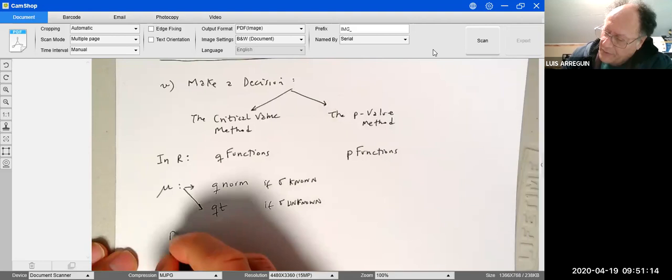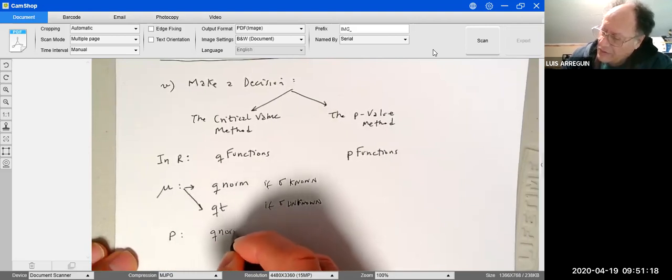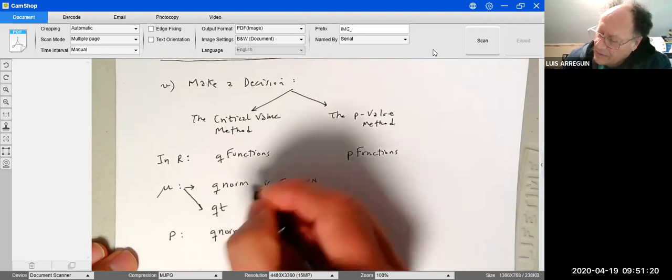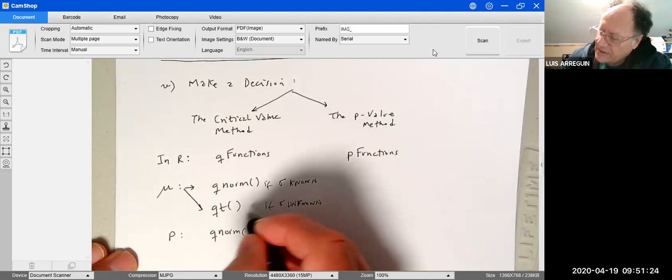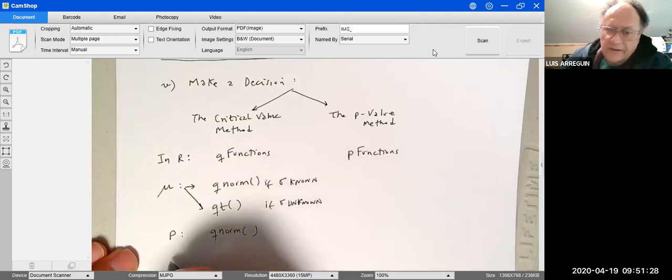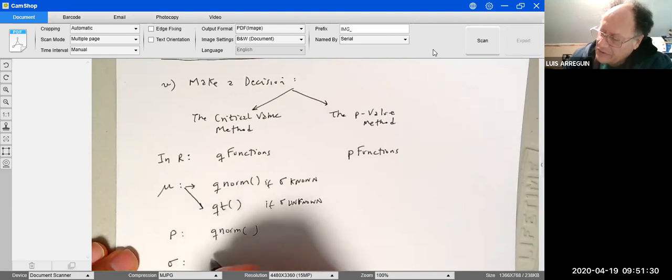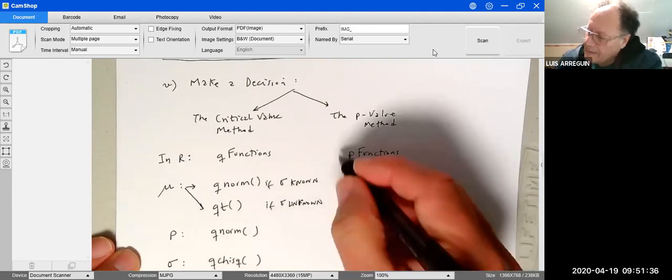For proportions, we're going to use qnorm. I'm going to write parentheses indicating that these are functions that need some input values. And for standard deviation, we're going to use qchisq, and also input values.